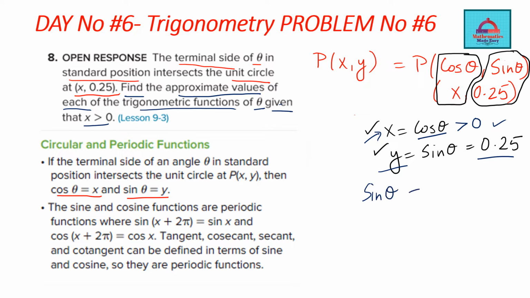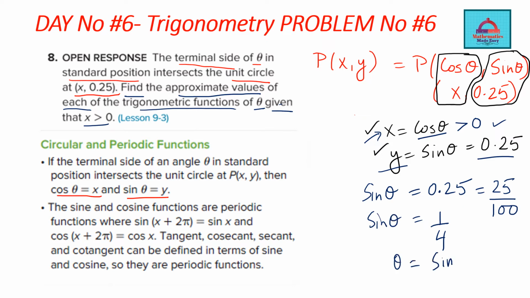So sin theta is 0.25, so you can use inverse trigonometry to find that value. One way of doing it, if you are working without a calculator, is converting this decimal to a fraction. So this is 25 by 100, which is 1 over 4. So in fraction, sin theta is this value. Find your theta first. Theta would be sin inverse of 1 by 4.